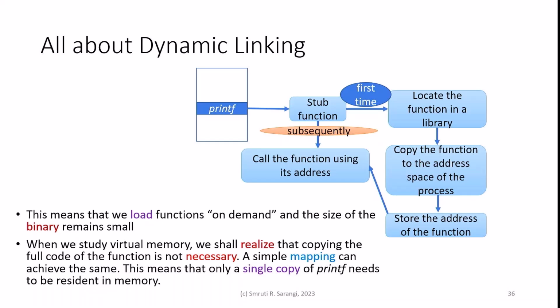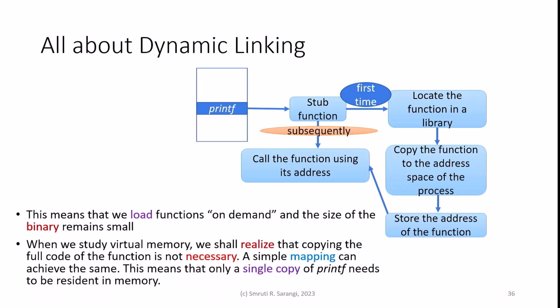The first time it is invoked, it locates the function in a library, which means it searches the library path based on the order of preference, searches the libraries you may have supplied, searches the standard libraries, and then it locates the functions. So it copies the function to the address space of the parent process. But as I said, if it is already mapped, there is no need to waste extra memory space. If it's already mapped and you know the address, then essentially the OS will adjust the mapping such that you also can access it from your virtual memory space.